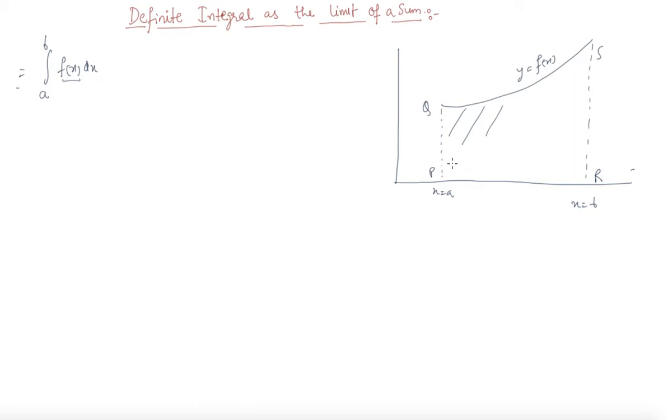So now we can divide the interval a to b. Kindly notice that this is the closed interval [a, b], so a and b are also included in this area. We divide it into n subintervals.